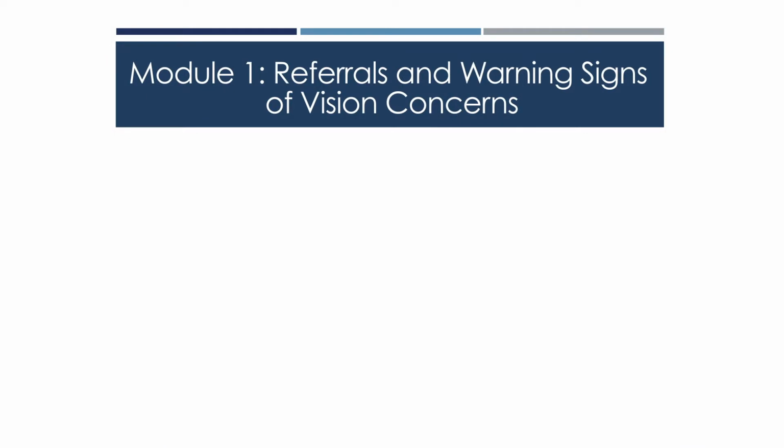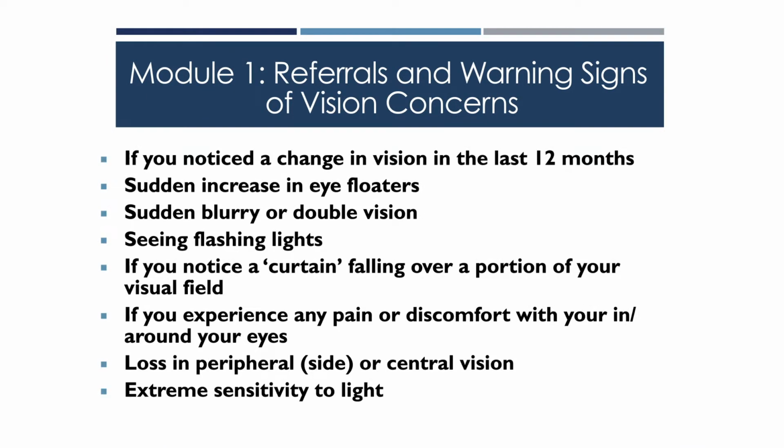Common signs and symptoms of a vision problem include, but are not limited to, experiencing changes in vision in the last 12 months, seeing flashing lights, having a sudden increase in eye floaters, or noticing a curtain falling over one side of your peripheral or central vision. If you notice any pain or discomfort, light sensitivity, anything out of the normal with your vision health, please do not hesitate to make an eye exam appointment.